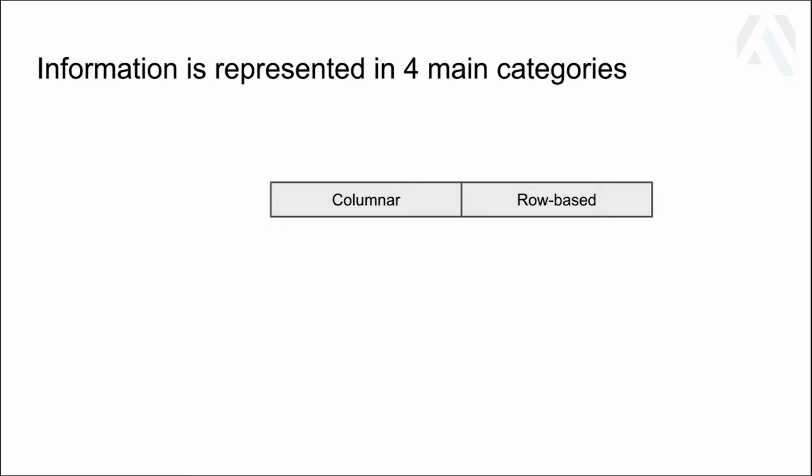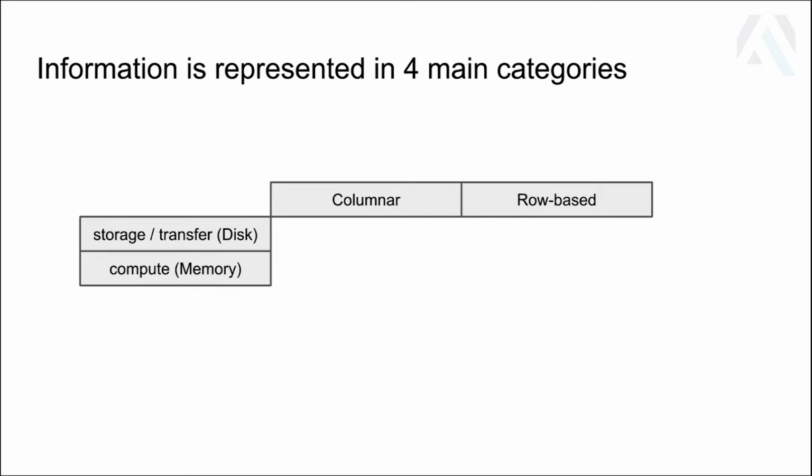Another important axis or dimension in this categorization is whether the information is primarily stored or primarily in use by a computer. The primary distinction here is that in storage and in transfer, usually you want the data to be compressed and encoded so that you maximize compression.